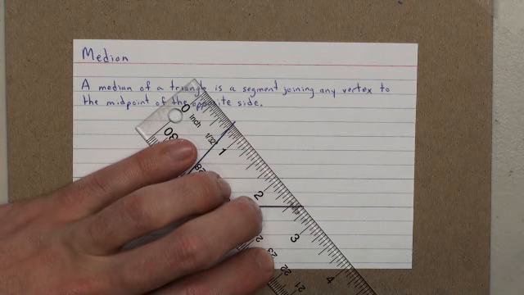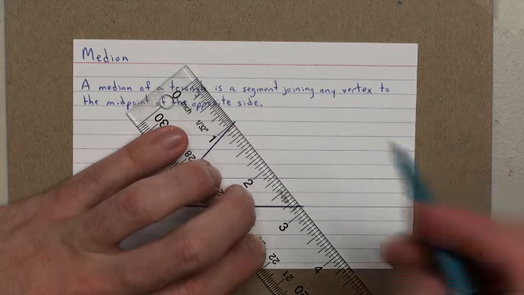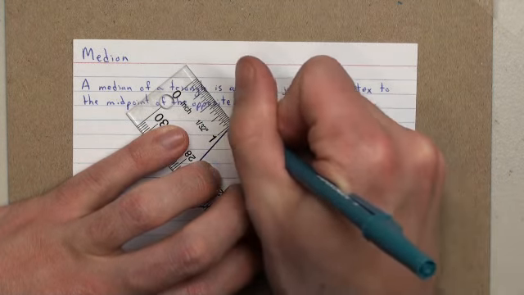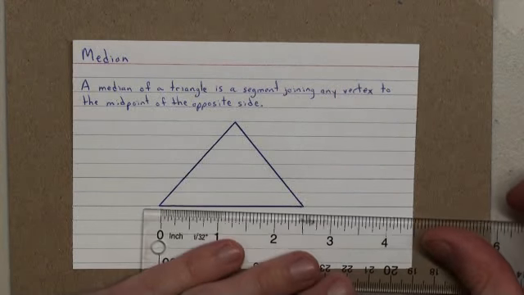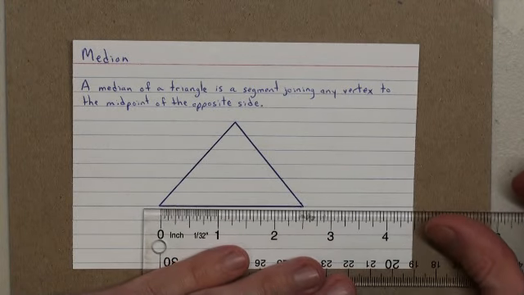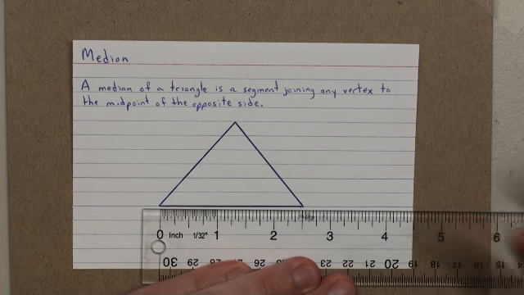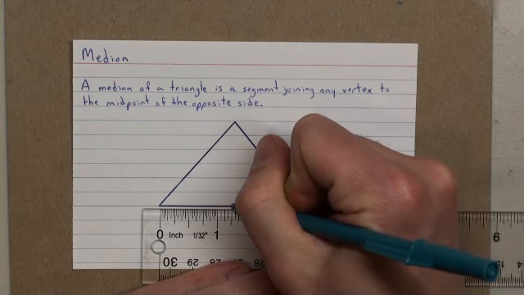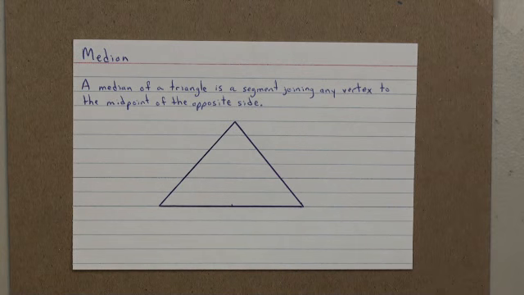It doesn't have to be exactly like this, but then I'm just going to connect those sides. So here's our triangle. Now, this side I made 2.5 inches long. So half of that would be 1.25 right here.